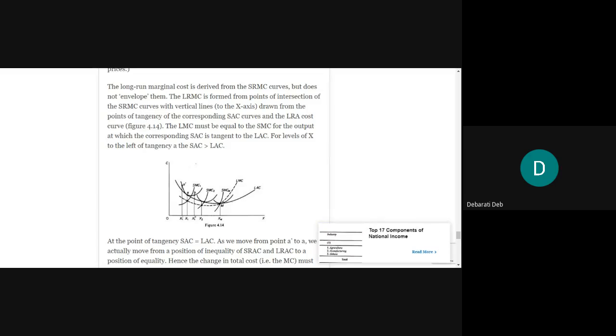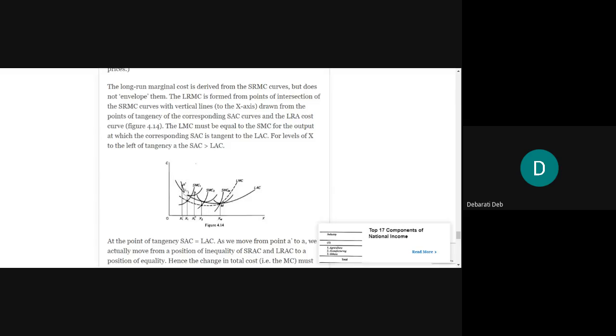For levels of X to the left of tangency, SAC is greater than LAC. Now look at the point A. What is this point A? Small a is the point of tangency of this short run average cost and the long run average cost.